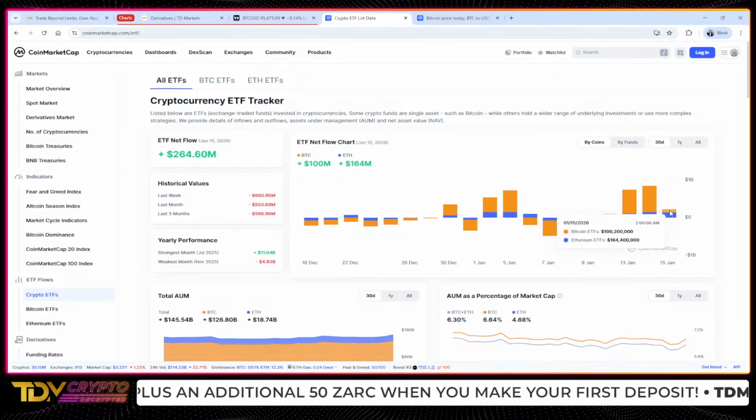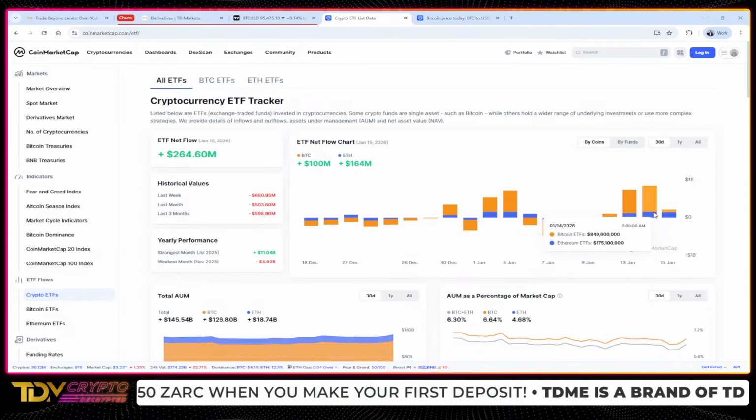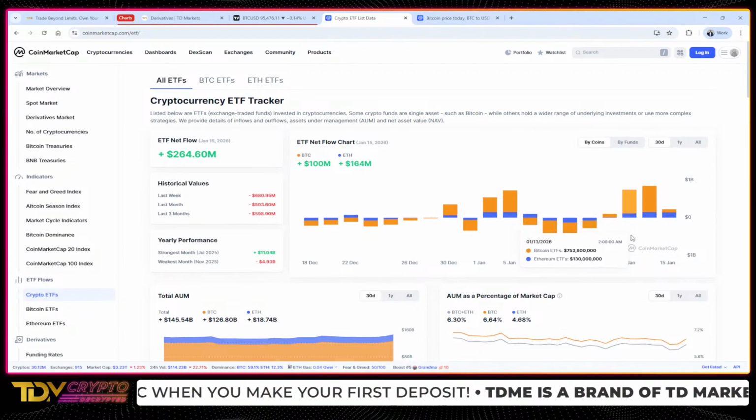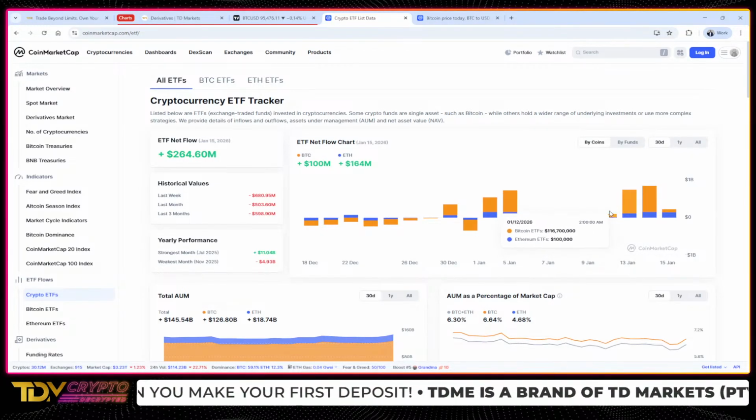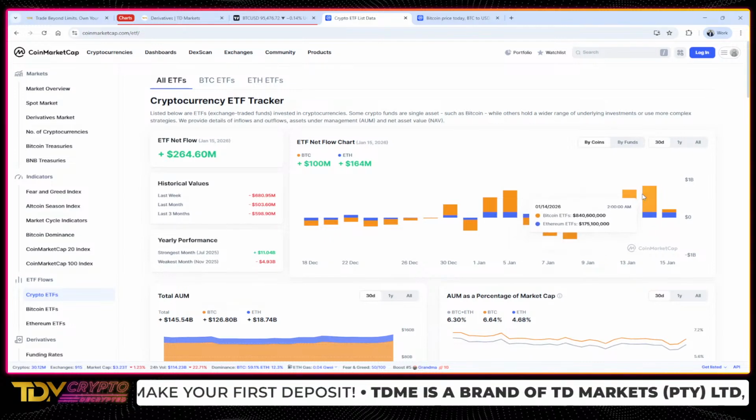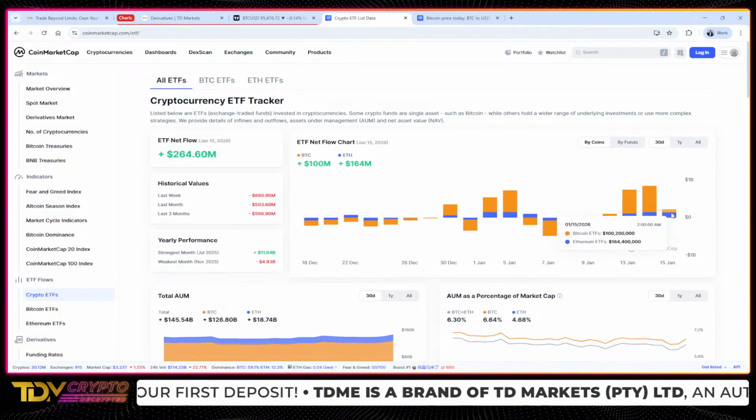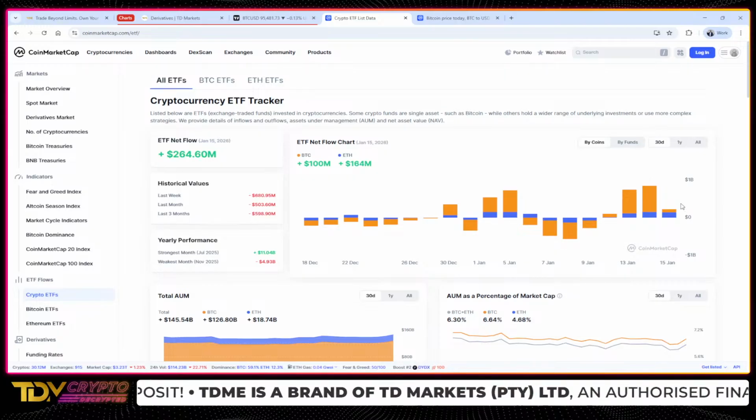All right. So there hasn't been much in the last 24 hours, but on the 14th, on the 13th, on the 12th, there've been inflows. So we're waiting for today's inflows, or net flows, for us to know what's happening.